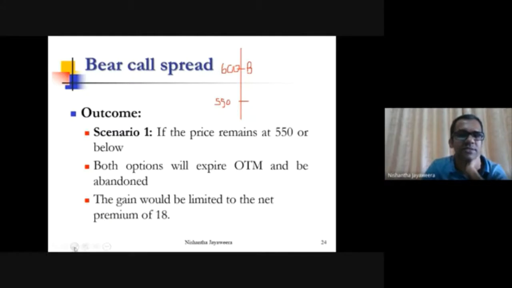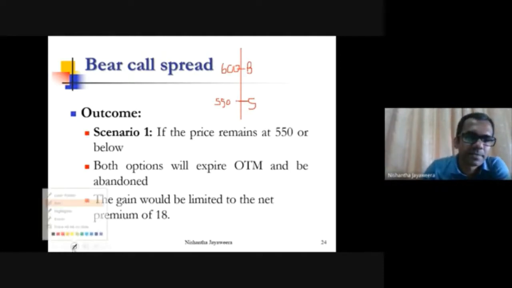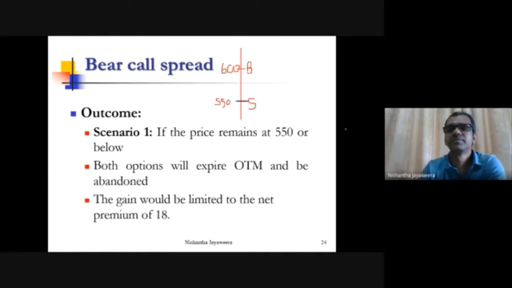When the price is $550, what would happen? Price at 550, what do you do? Will you exercise your option?